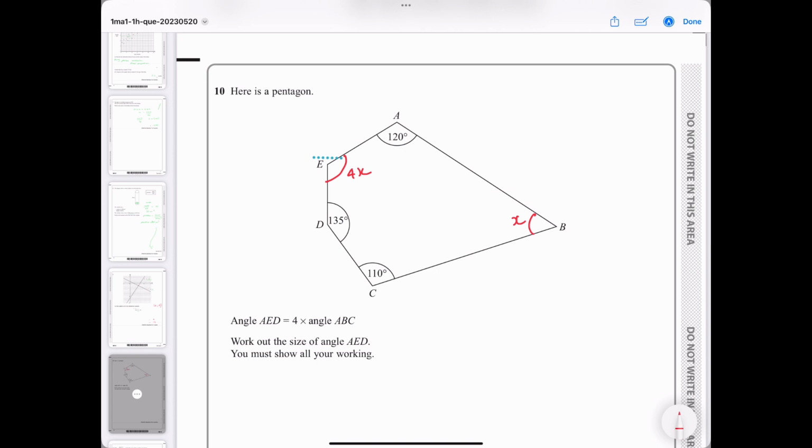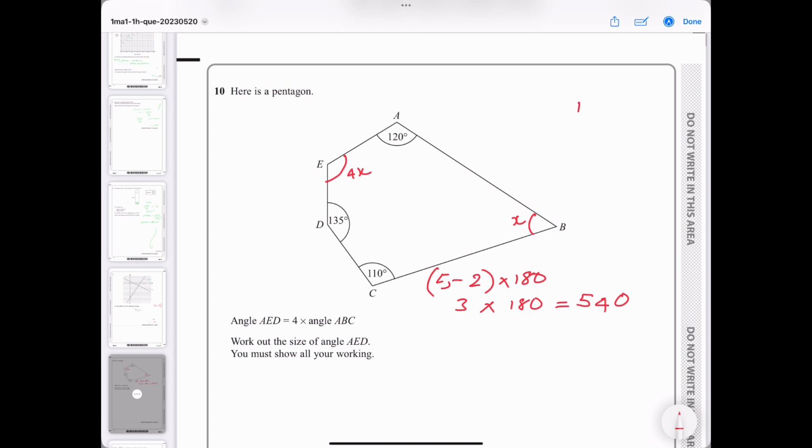We know 3 of the 5 angles, and to find the angles in a pentagon, we do 5 minus 2 times 180, which is 3 times 180, which is 540. So all of the angles altogether will be 540.